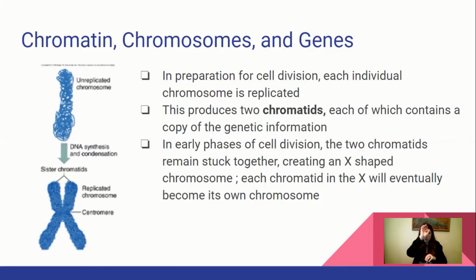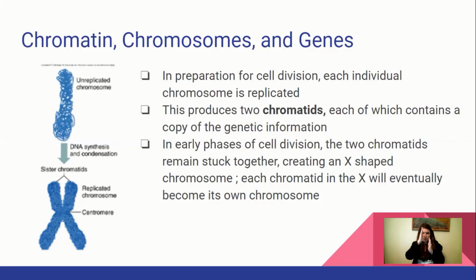So we started with one double helix, and then we're going to make two double helices that are copies of the first. When we copy a full chromosome, it produces what we call a chromatid. So we call these things chromatids, and they're basically like paired chromosome copies. They're going to be identical to each other if we're talking about one DNA molecule, one chromosome that was copied, and we now have two.